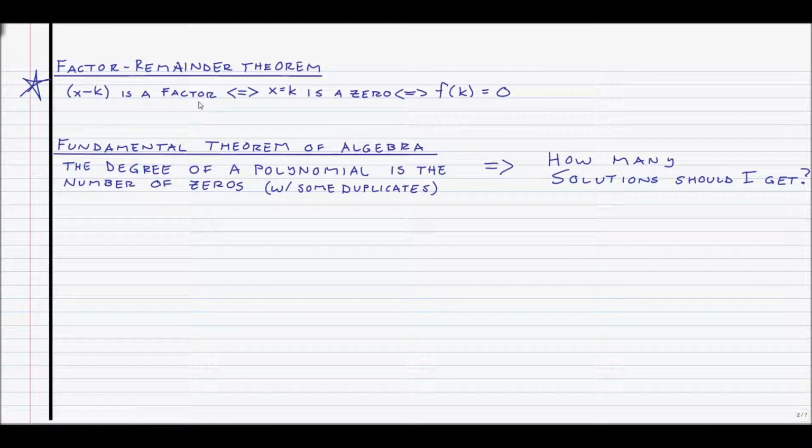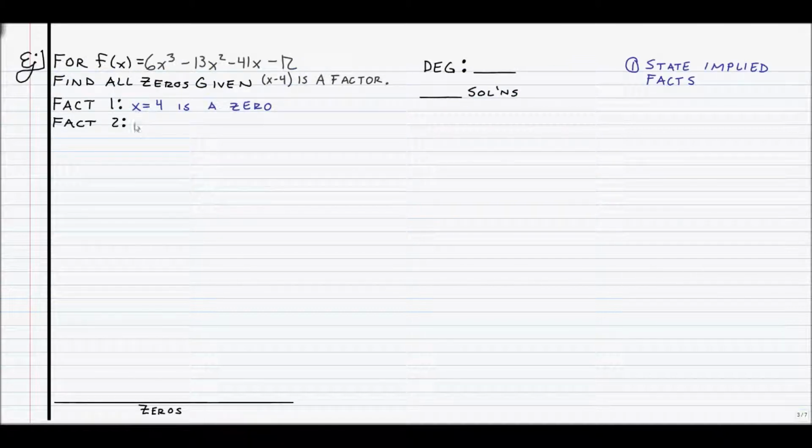The other part from the factor remainder theorem says that if x equals k is a 0, then f of k equals 0. Basically, if you plug in that number, you're going to get 0 out. In this case, f of 4 equals 0. And so we stated the two facts.